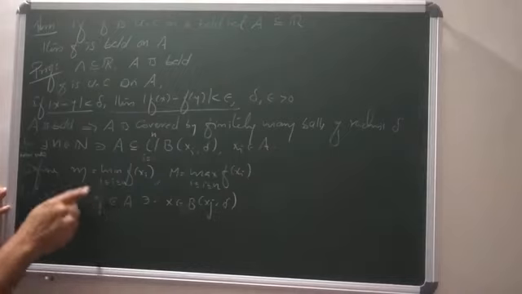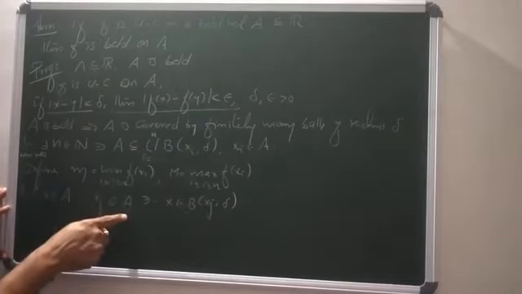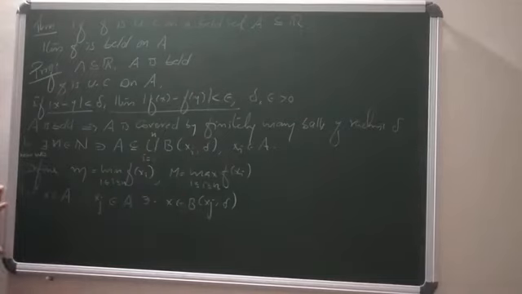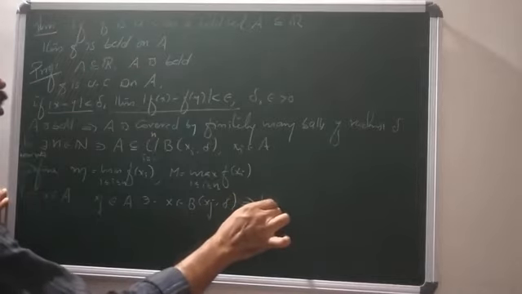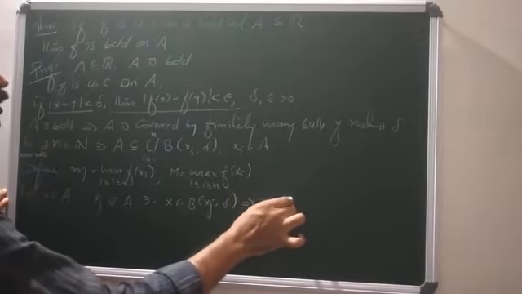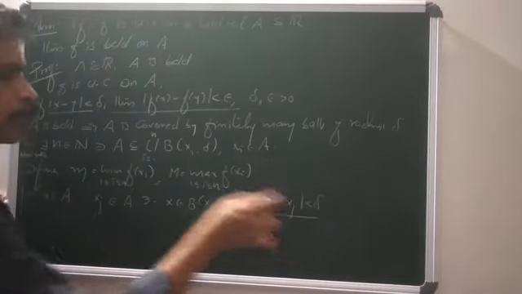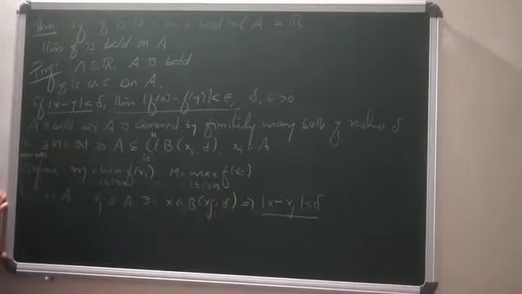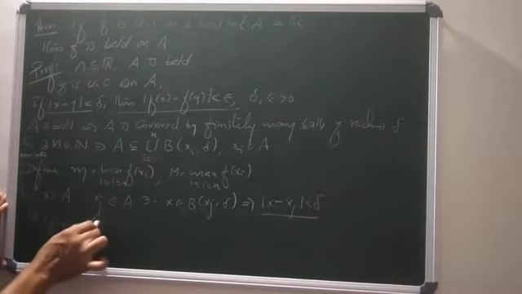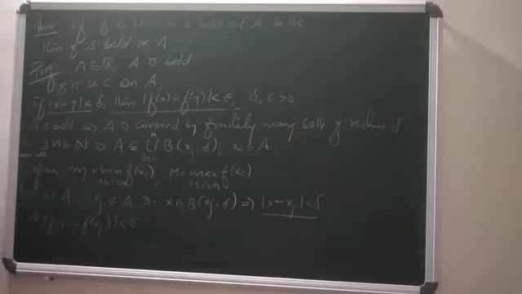That means x falls in one of the balls x_j, delta, meaning modulus of x minus x_j is strictly less than delta. So when modulus of x minus y is strictly less than delta, this condition holds, and modulus of f of x minus f of x_j is strictly less than epsilon by using this argument.